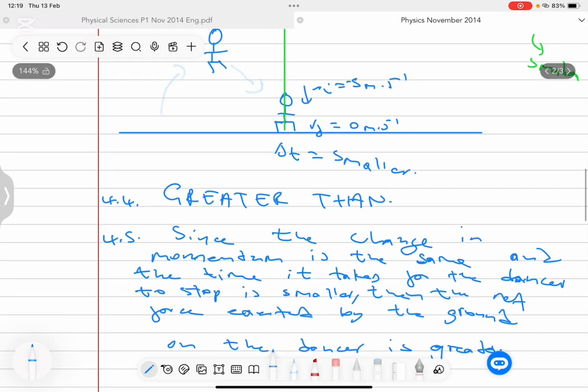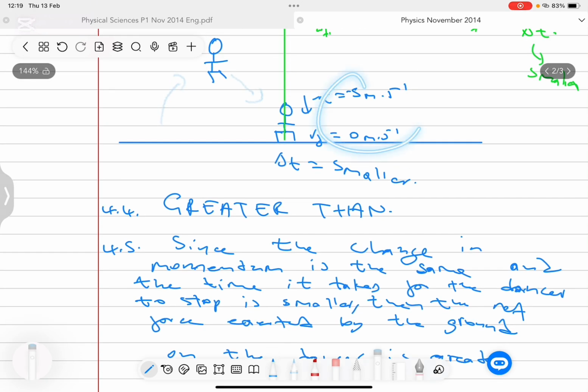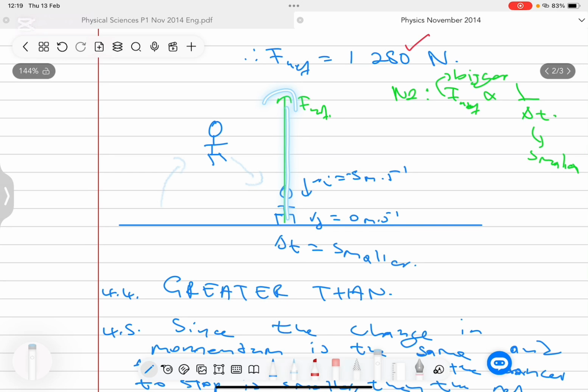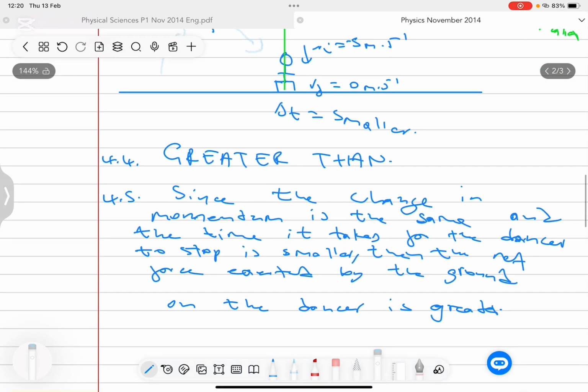So we're saying here that the change in momentum is the same, but the time is small. Therefore, the net force should be greater. It's exactly what we explained here.